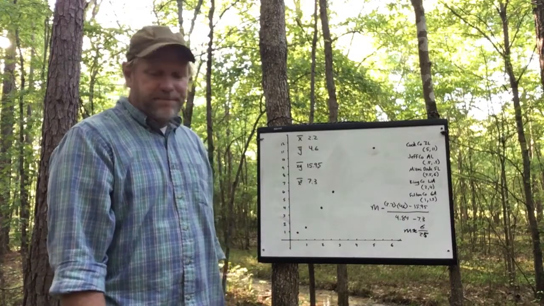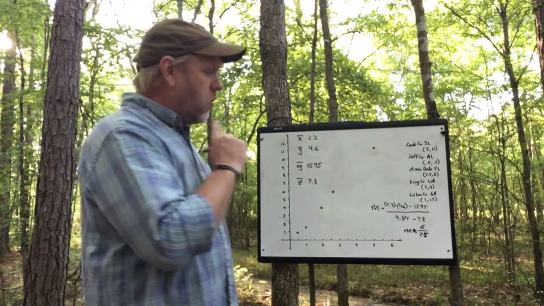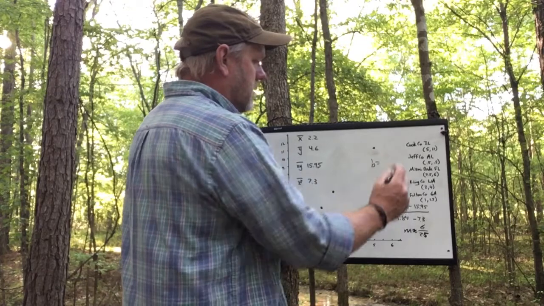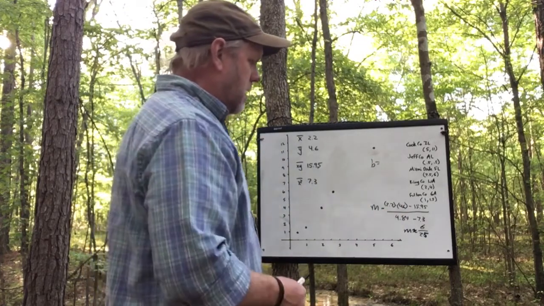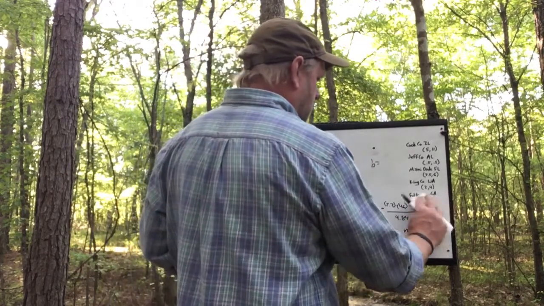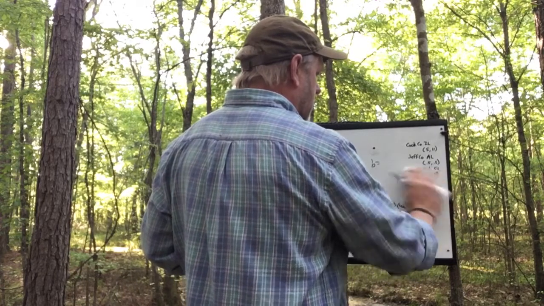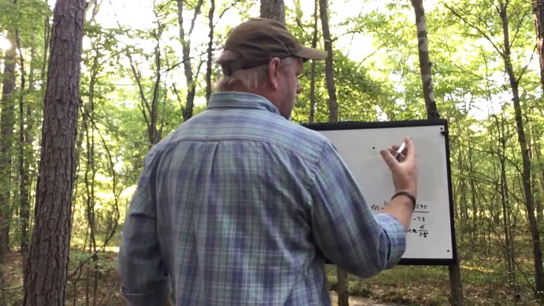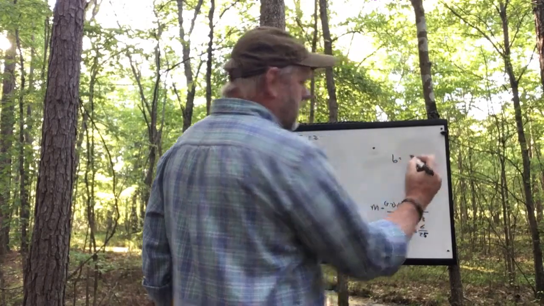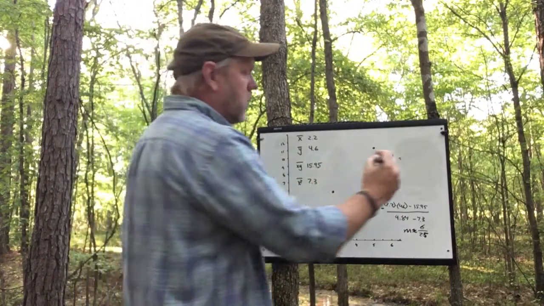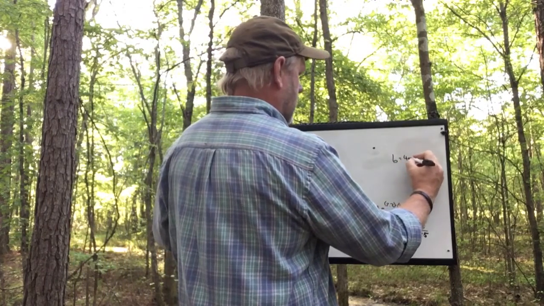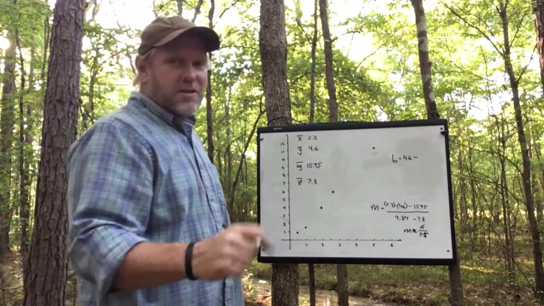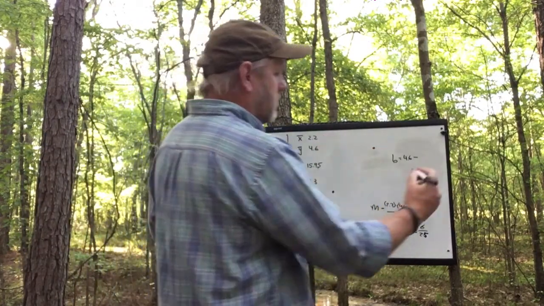Okay? If we want to get our y-intercept, which is b, I'm going to go ahead and erase these data points really quick, just to give me some room to do some math. You don't need the data anymore. Our b is going to be equal to 4.6 minus, remember the slope, times 2.2, which is our average of x.